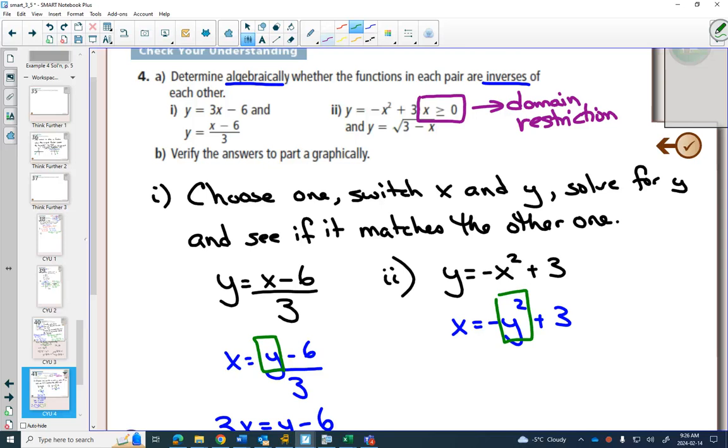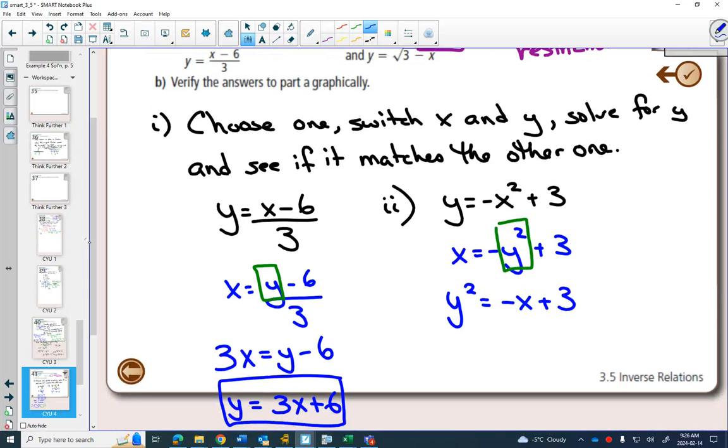I think that's easiest if I move the y squared to this side and the x to this side. Can you see that negative x plus 3 is the same as 3 minus x? Yes? So now I'm going to square root both sides, and I would have plus or minus.